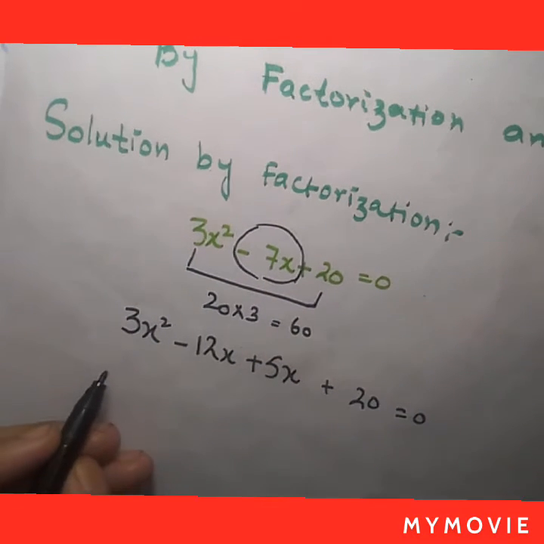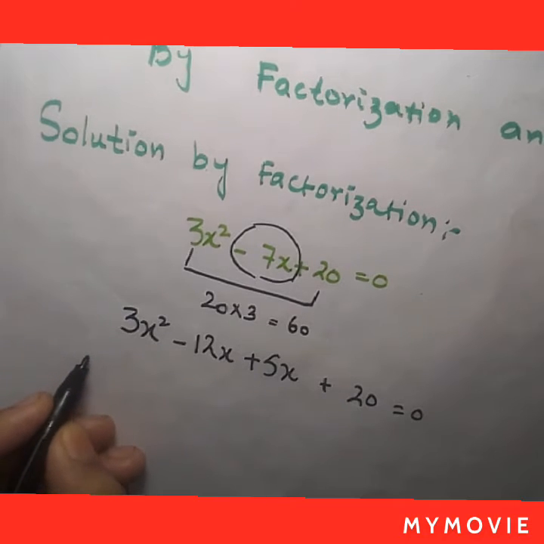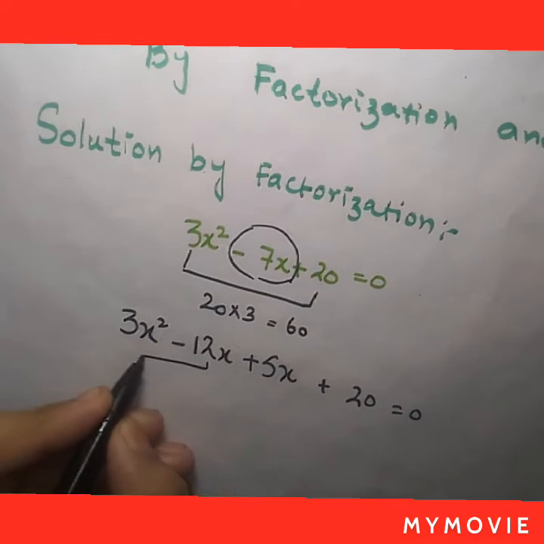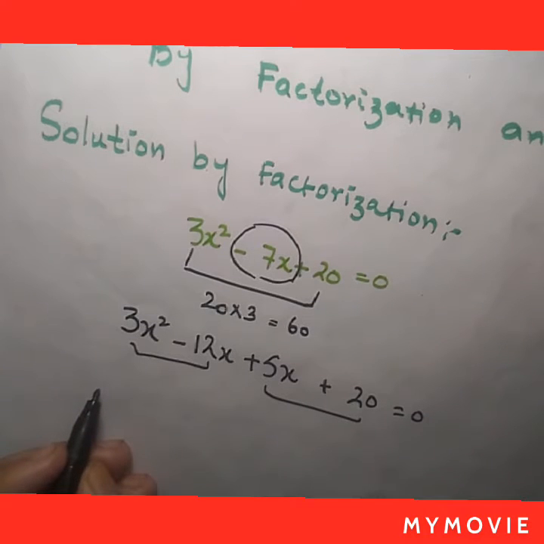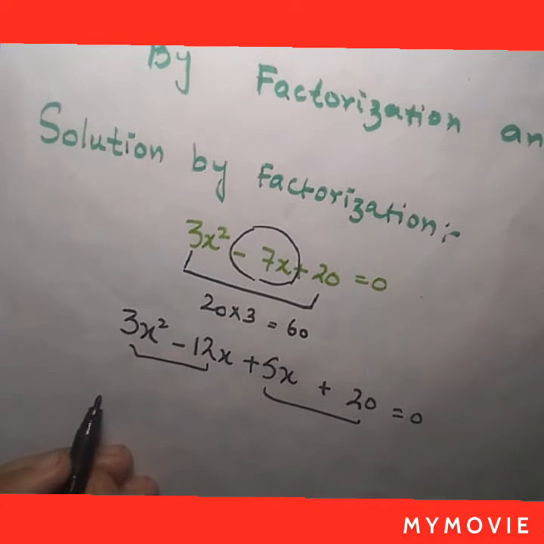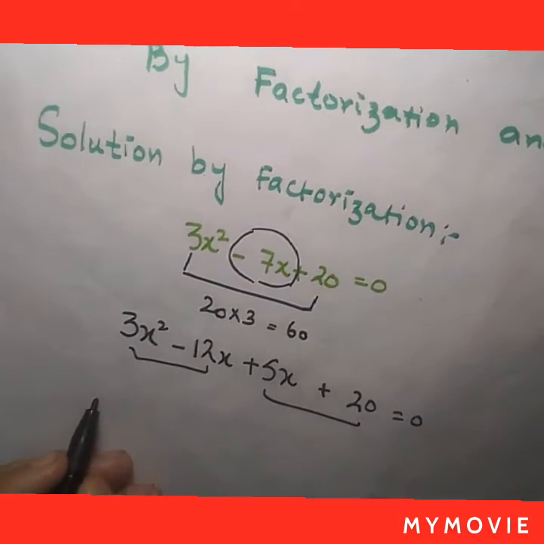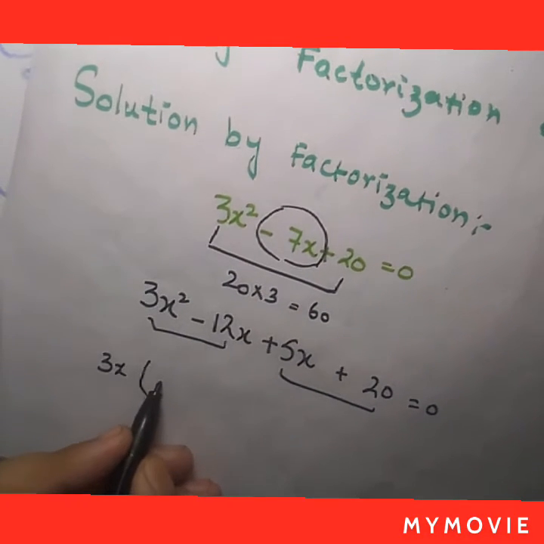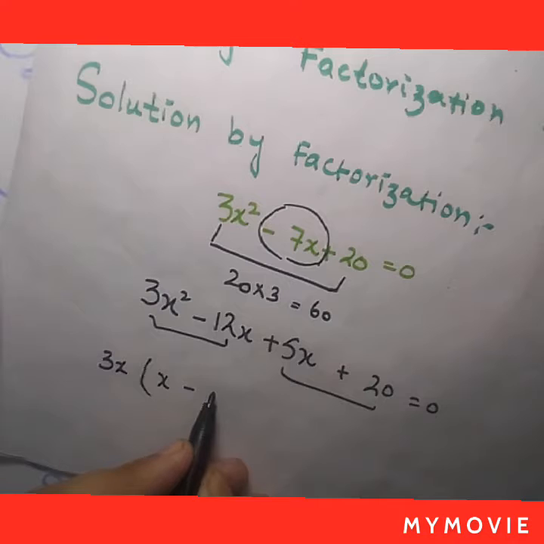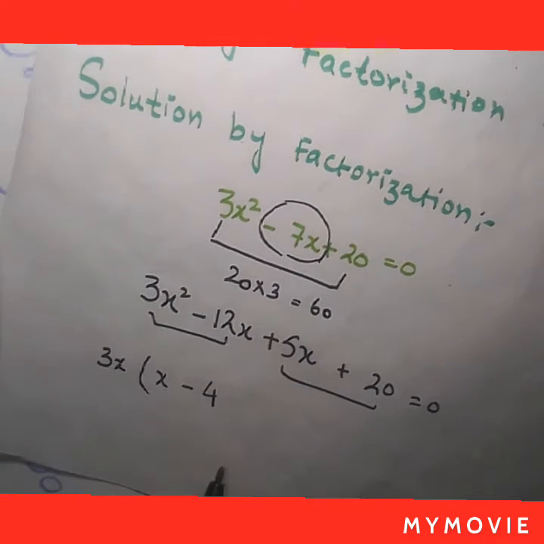Now I can take common from the first two terms and then common from the second two. In the first two terms, there is a common 3x, and what remains is x minus 4. Four 3s are 12, 12x.